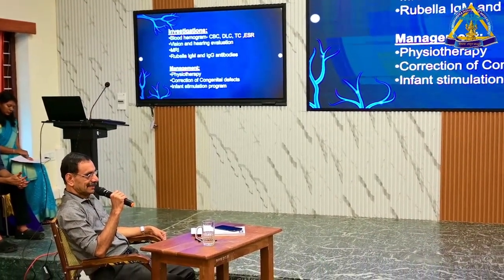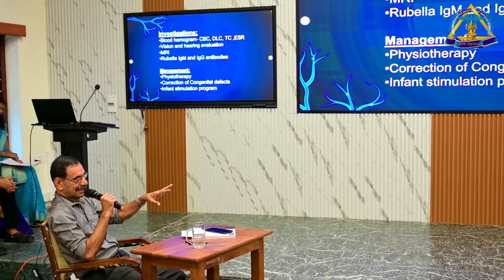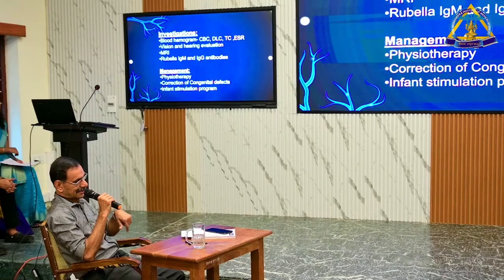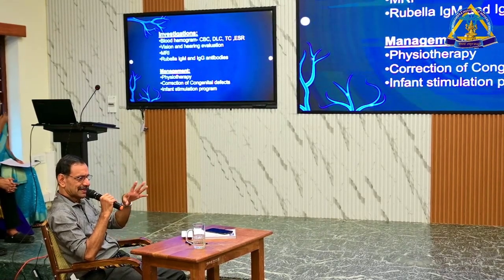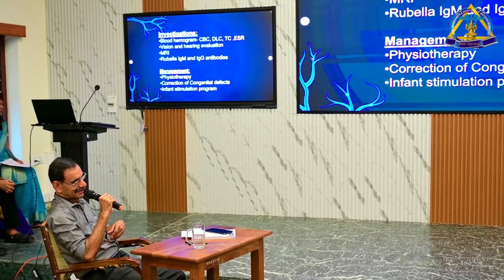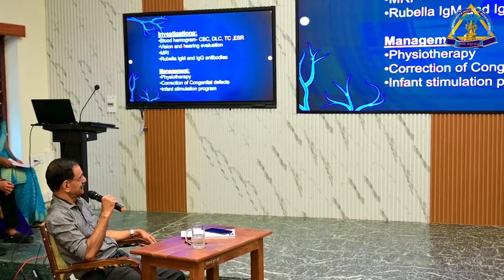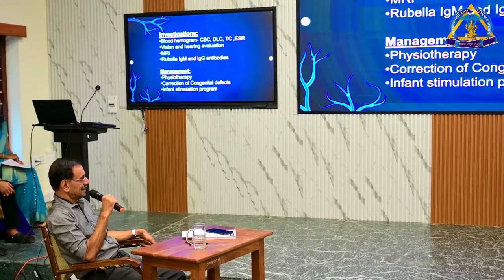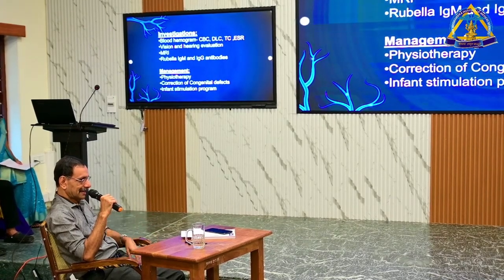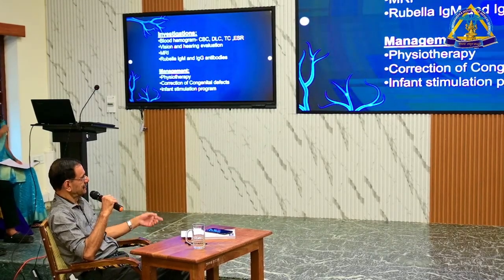So eating, for example, nothing is going in. The child is malnourished and because of cerebral palsy, the child cannot do anything. You can either tube feed, but that is not a permanent solution. Then you can do a gastrostomy. Gastrostomy means you put in a tube and you can give the feed. Similarly, for dressing, the occupational therapist will modify the movements accordingly, which you need not discuss for the PG.